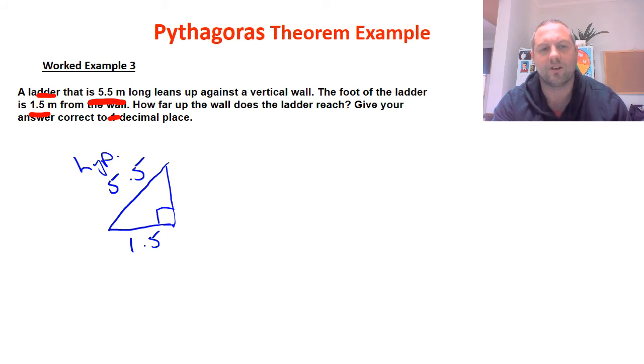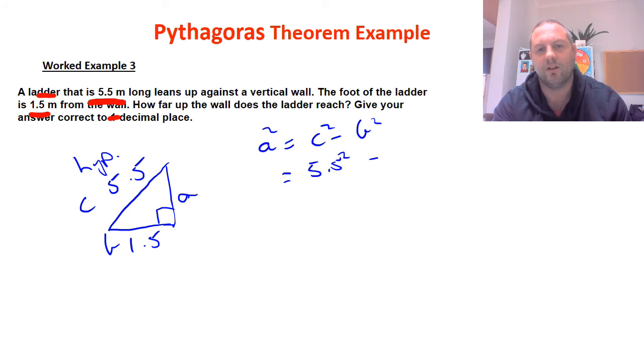Now, we need to know what a equals. So we've got b, we've got c. And if you remember, a squared equals c squared, take away b squared. Then we substitute it. So 5.5 squared, take away 1.5 squared equals a squared.